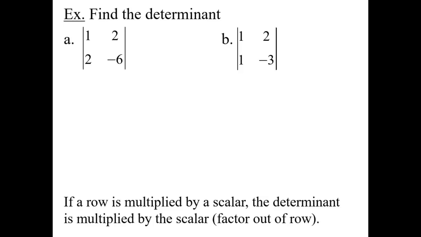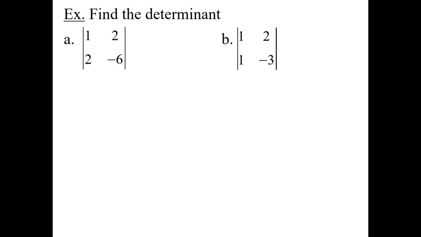Right, let's try this one. Okay, so again, let's do the one on the left here. So multiply the main diagonal minus multiplying the other diagonal. It's the same one, so I still get -10. If I do the one on the right here, multiply the main minus the other one, I get -5. Now, once again, let's see what changed.